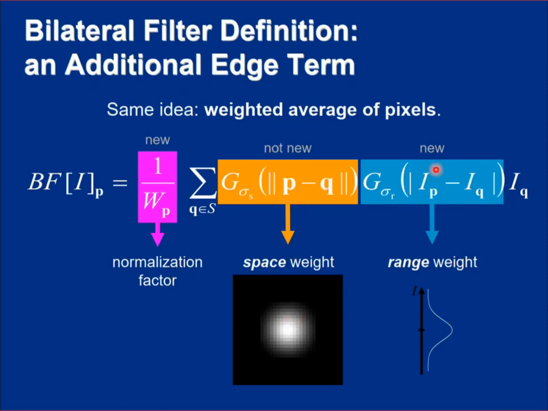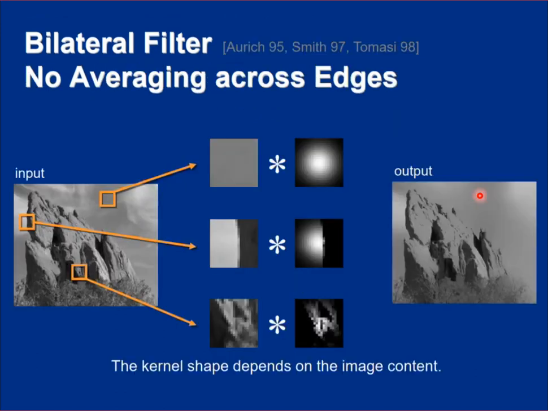But for the other Gaussian filter, I_P and I_Q mean the intensity of the pixel and its surrounding pixel. Let's take a look here. This is the input image, and this is a patch. There is a central pixel, and the pixel at the center is very high, around 255.